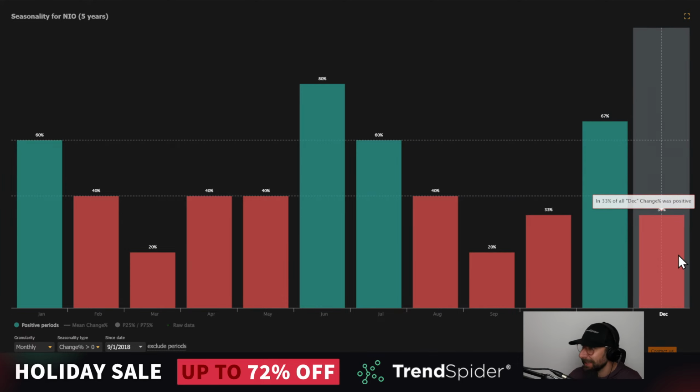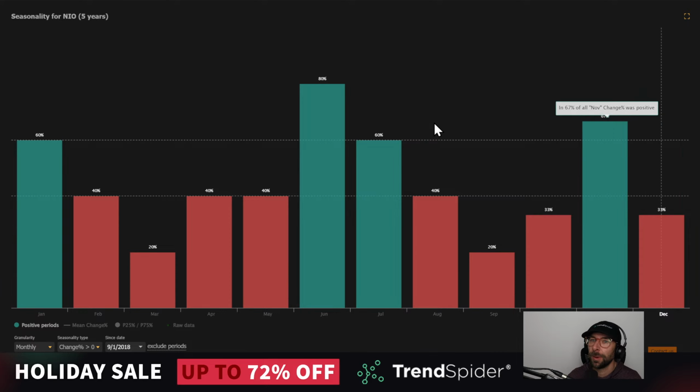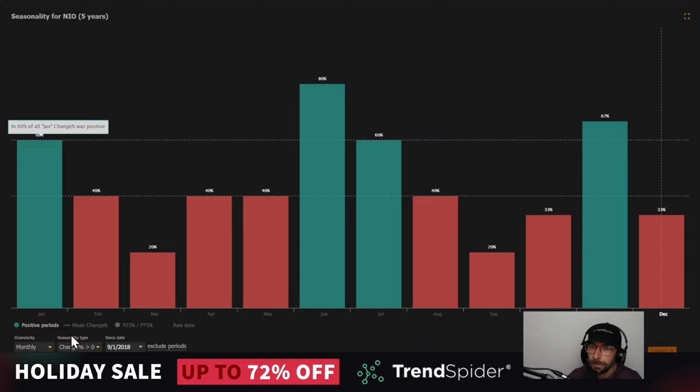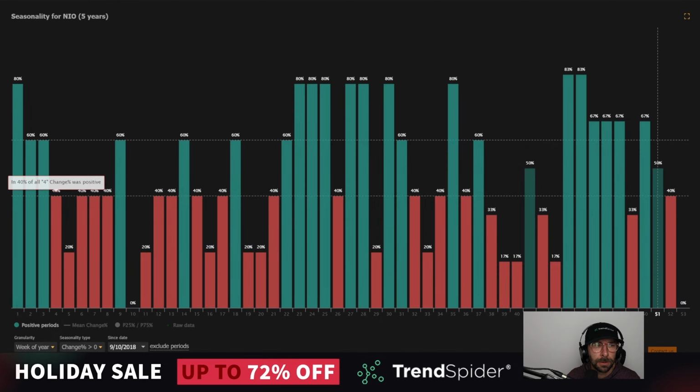So then perhaps it does make sense to try some longs in December with the plan of January being a bit stronger. We could break this down a little bit. So it looks like in January, your strongest week has been the first week.